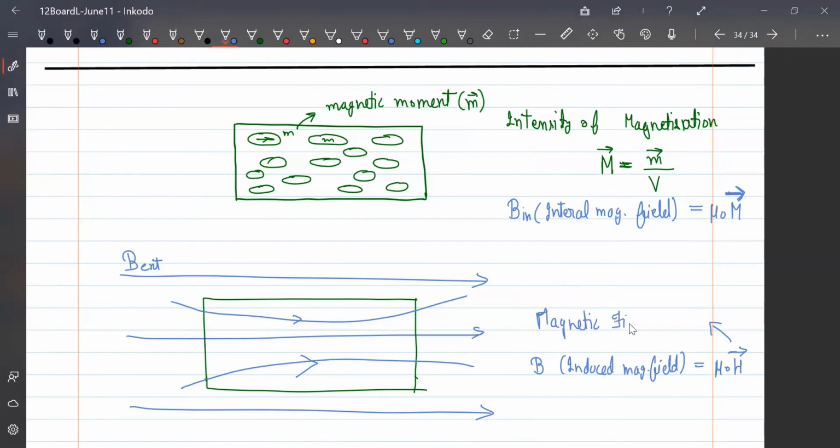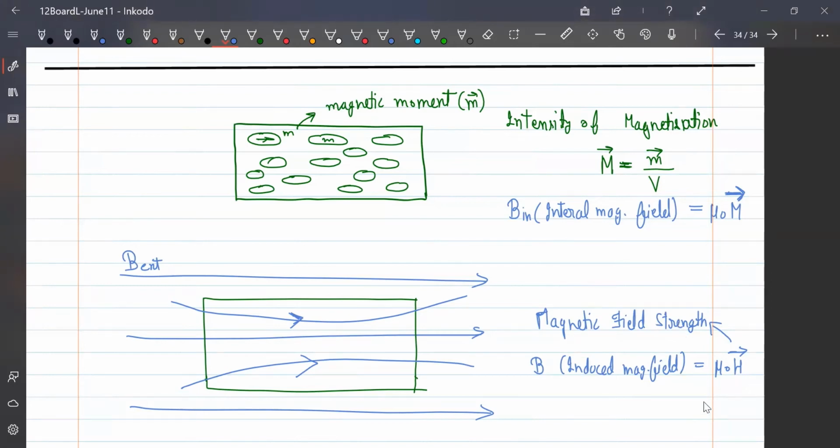So B internal magnetic field, that is mu naught times the intensity of magnetization, and external field की वजह से जो induce हो रहा है magnetic field, that is your mu naught into H vector, where H vector is magnetic field strength.